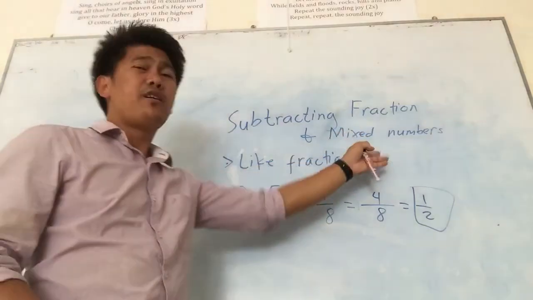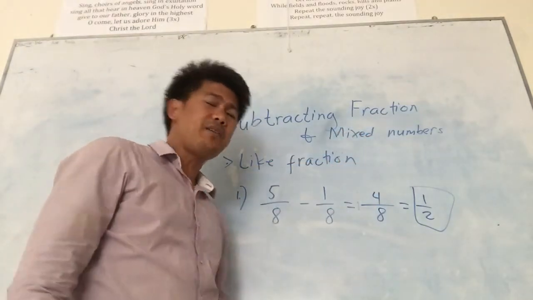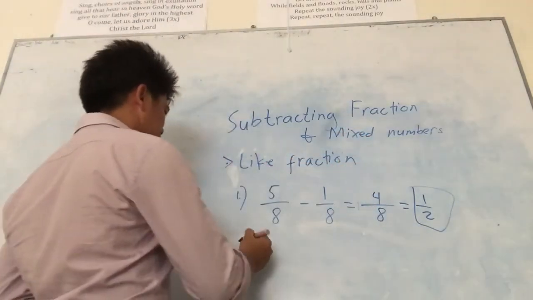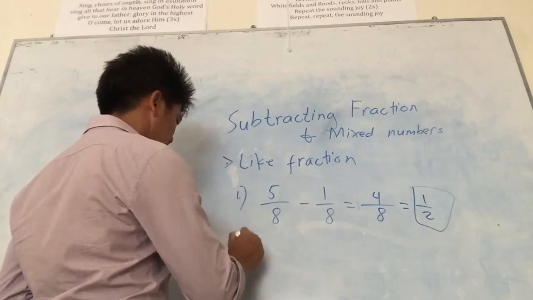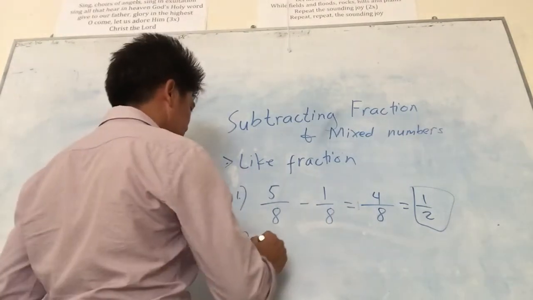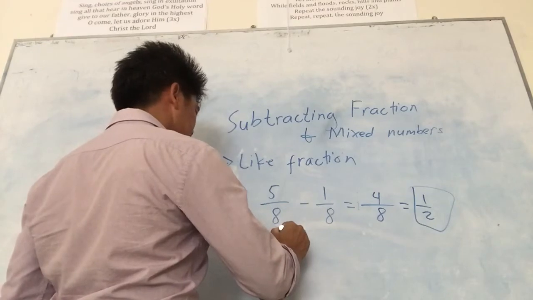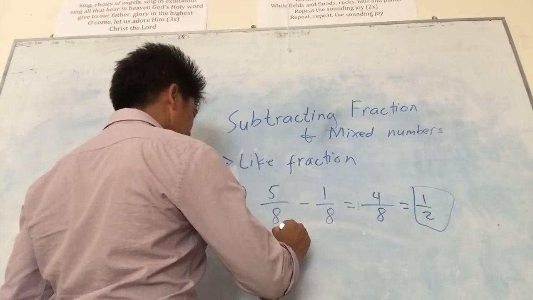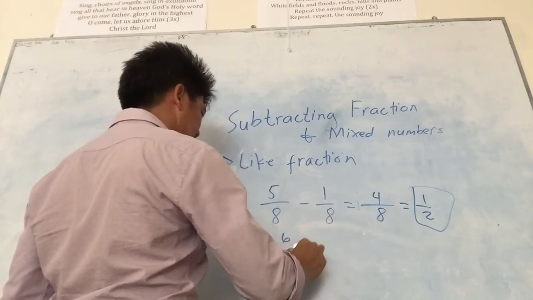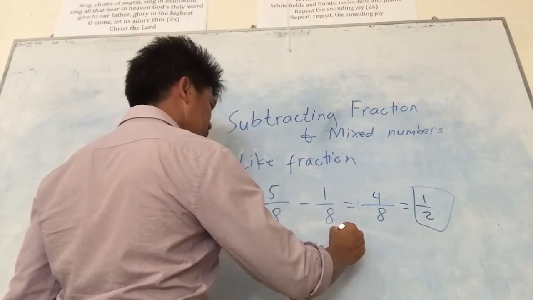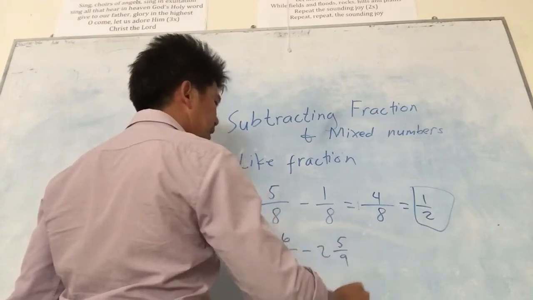How about for a mixed number? Okay, the same rule. So mixed number. Let's say 3 6/9 minus 2 5/9.